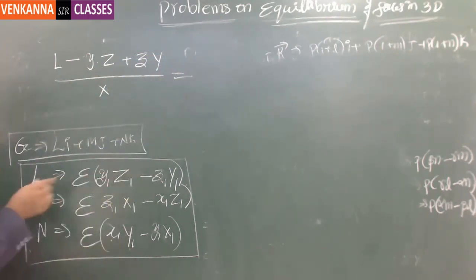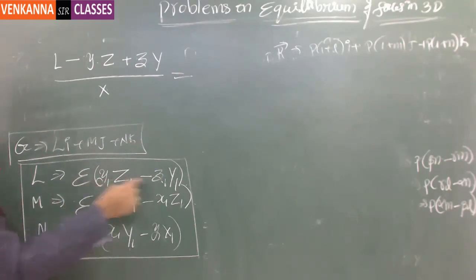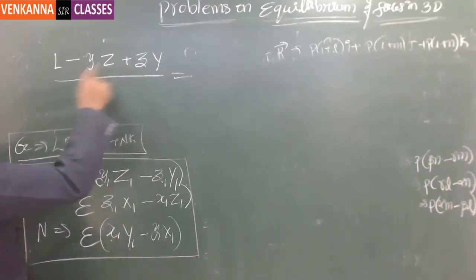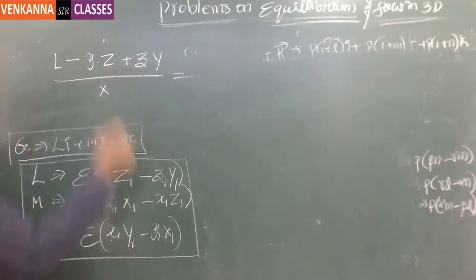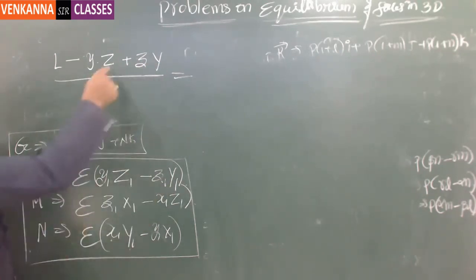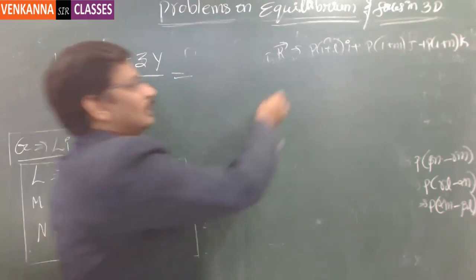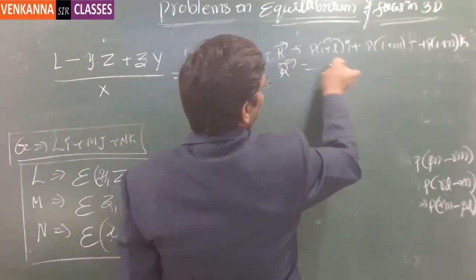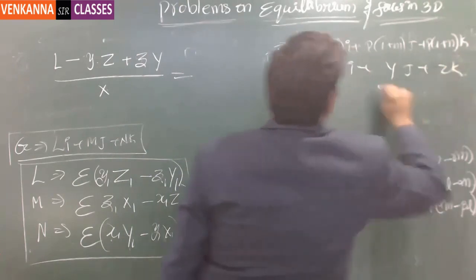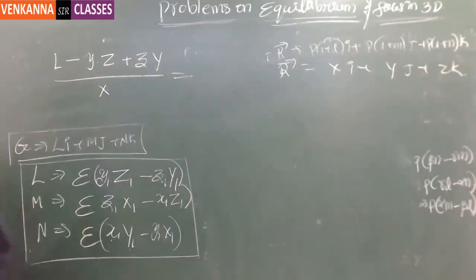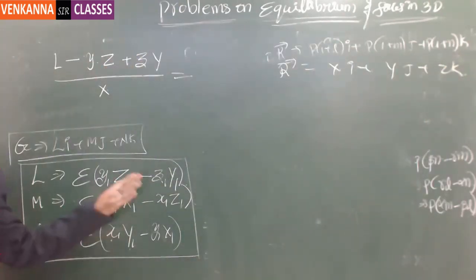If you brought it to this side, small y and small z are the variables, so no subscript will be there. And capital Z and capital Y, you will be removing the subscript so that it will represent the entire force like this. So R is equal to xi plus yj plus zk. Now these xyz values are used here. Got it?